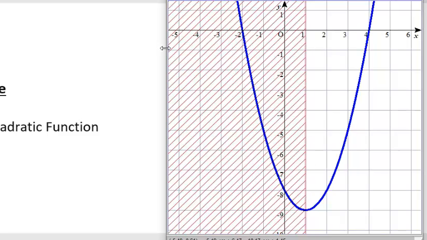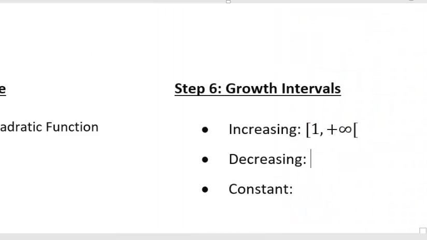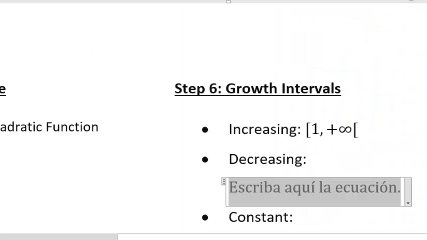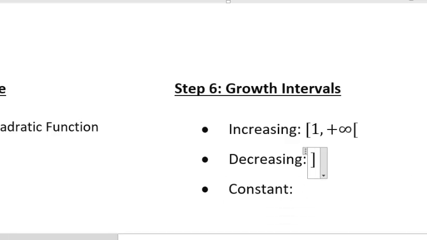So it will be from -infinity to 1. That's where the drawing is decreasing. So you're gonna have to say from -infinity, which means the left direction, from left to +1, and you close 1.